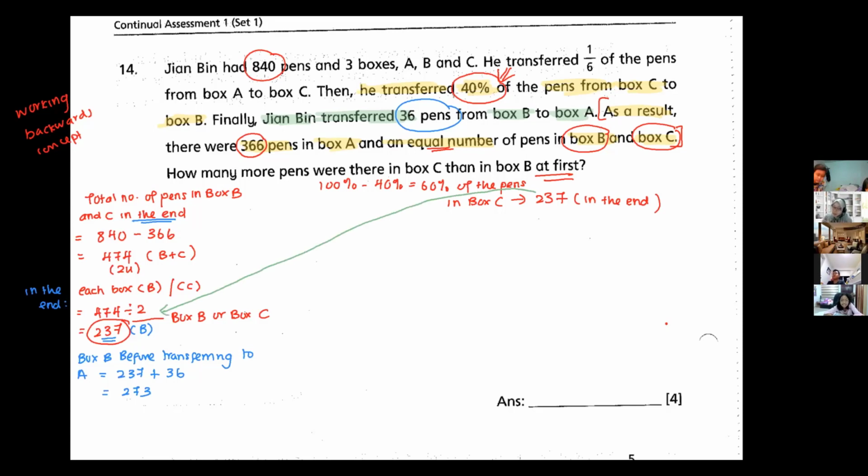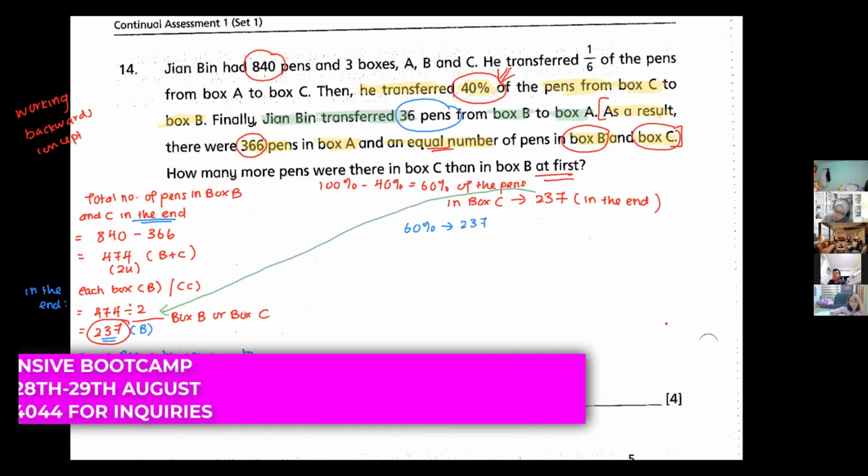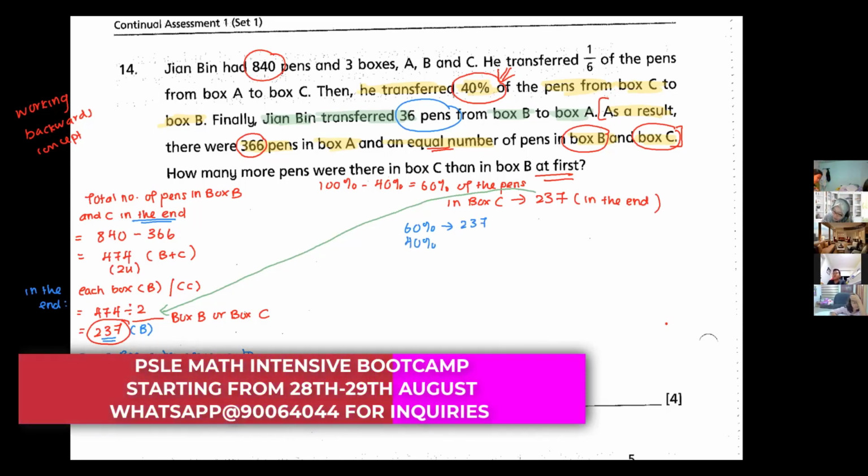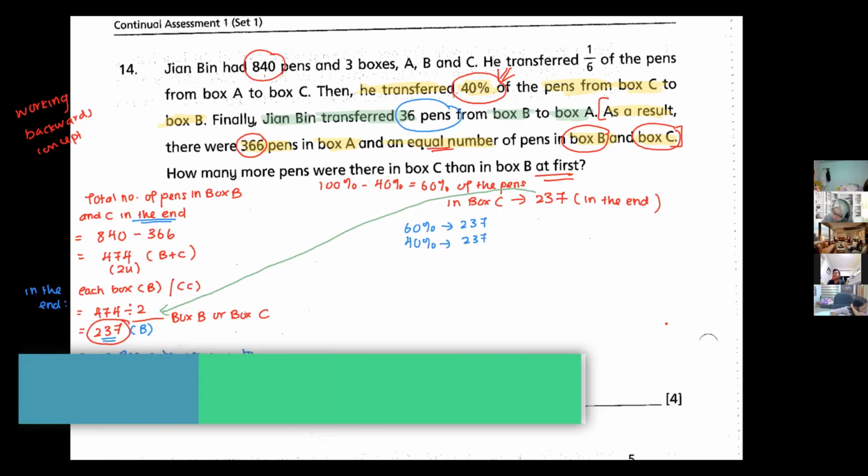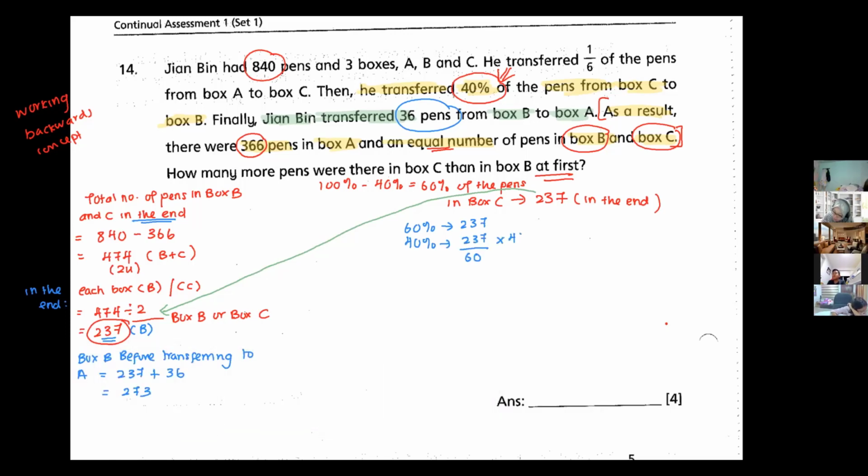Now, do I want to focus on box C? I don't want that. I want my box B. So I know that 60% is 237. I want to find my 40%. 40% is 237 divided by 60 times 40, and I will get 158 pens.